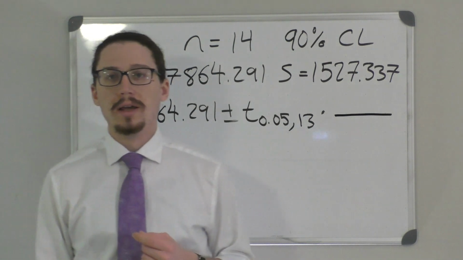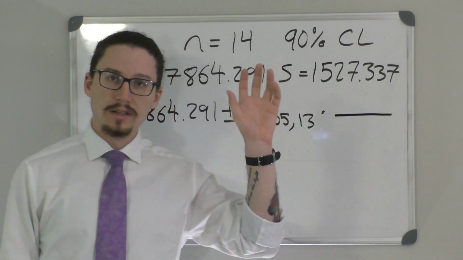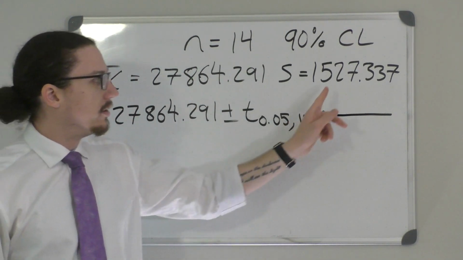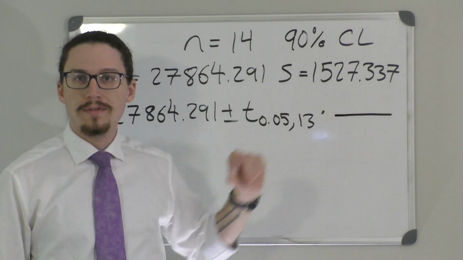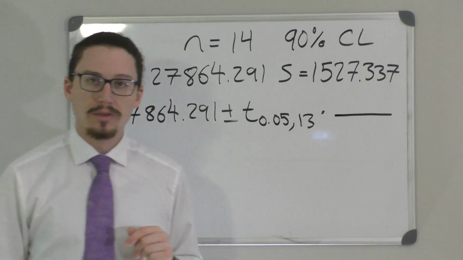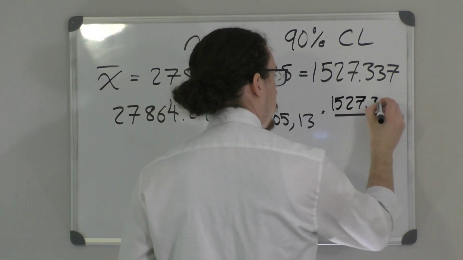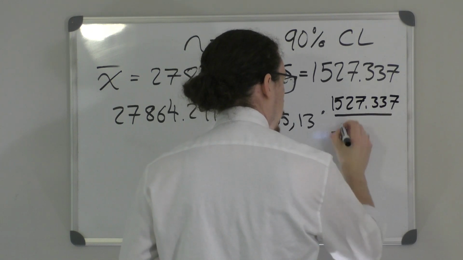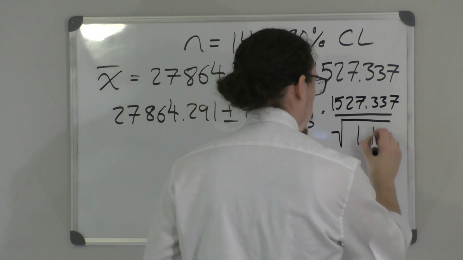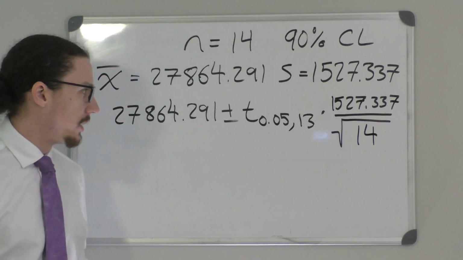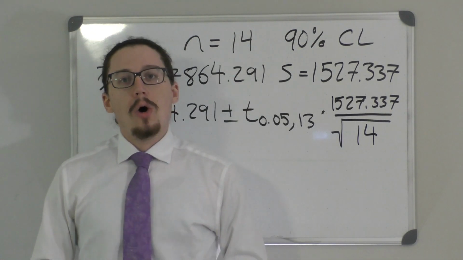We're going to calculate the standard error by dividing the standard deviation by the square root of the sample size. Our standard deviation is s, or 1527.337, and our sample size is 14. So we're going to divide by the square root of 14.